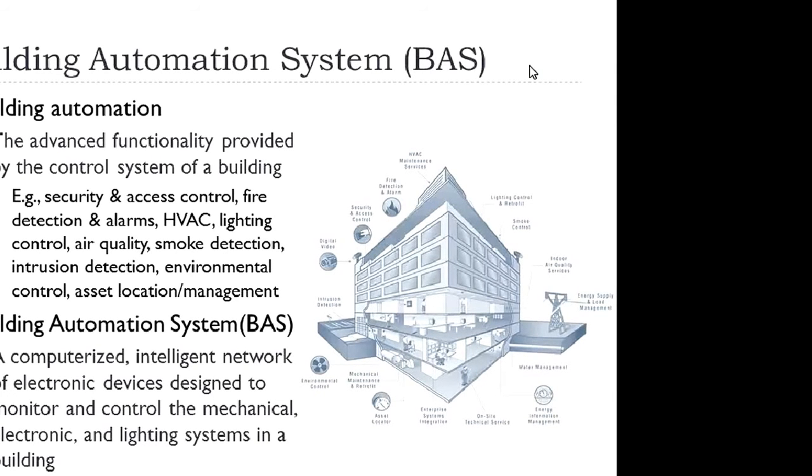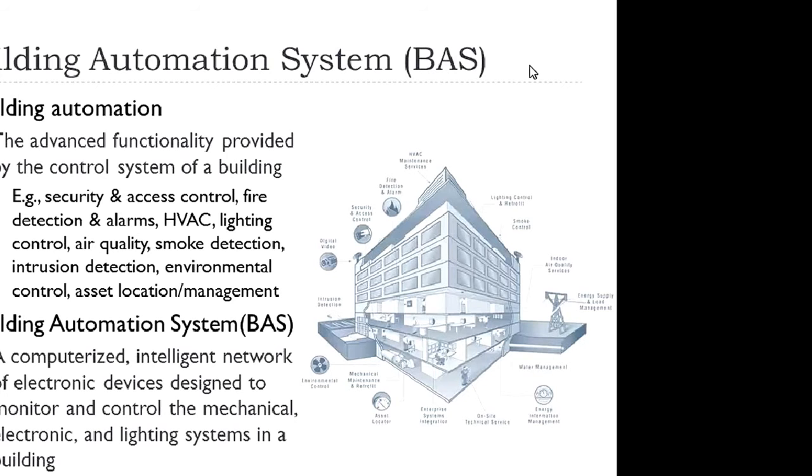In particular, the building automation refers to more functions with respect to the home automation, because it refers to security and access control. In the home, usually we don't have to care about access control, or not so much. Fire detection alarms, heating and ventilating, air conditioning, lighting, air quality, which we take care of in a building, but not in the home.